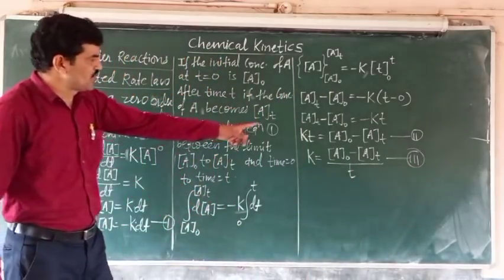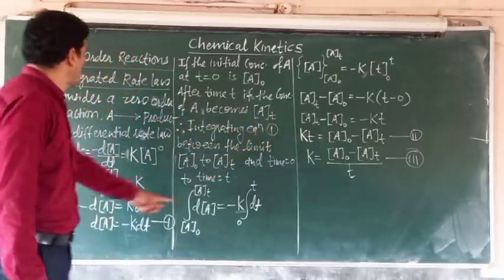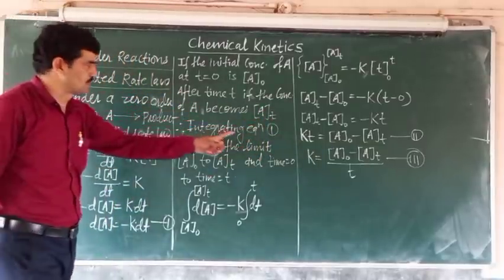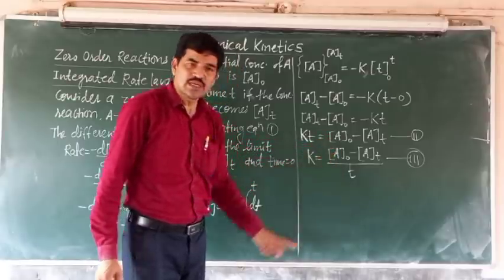These two equations, equation number 2 and equation number 3, are called the integrated rate law of the zero order reaction. In this way, we can derive the integrated rate law of the zero order reaction.